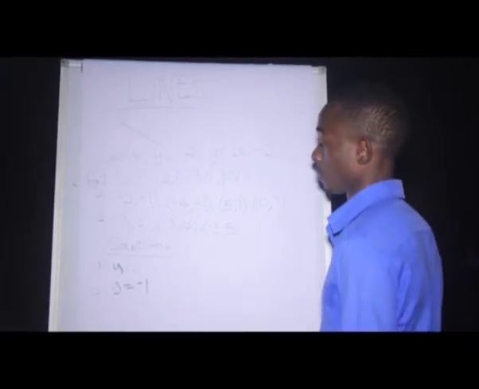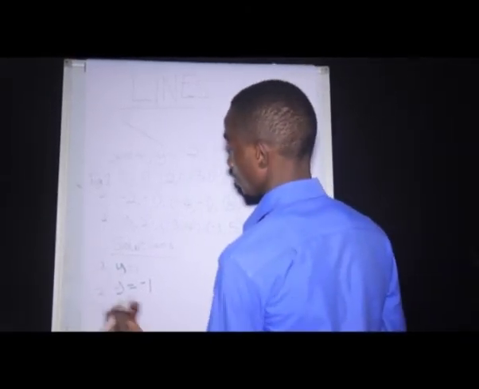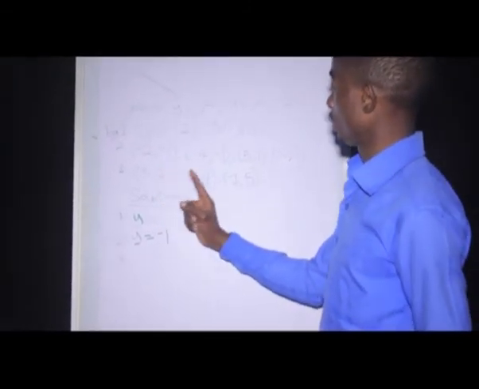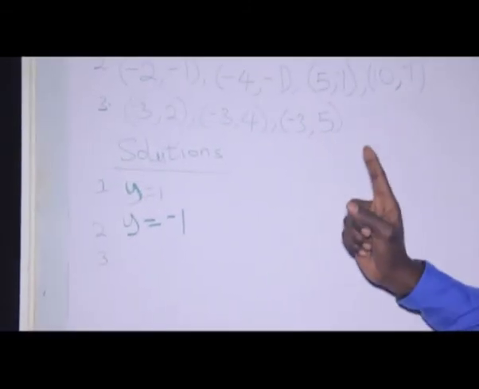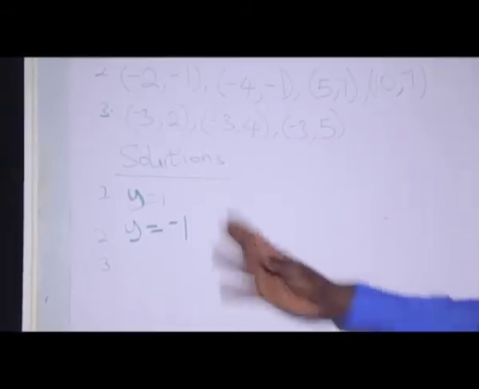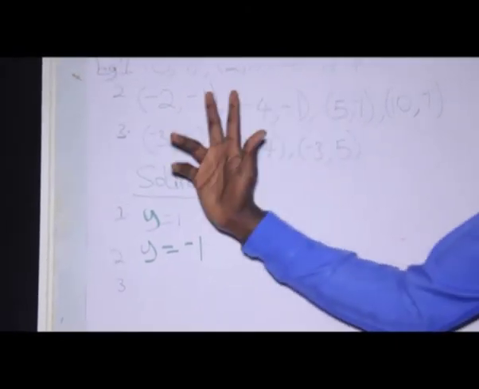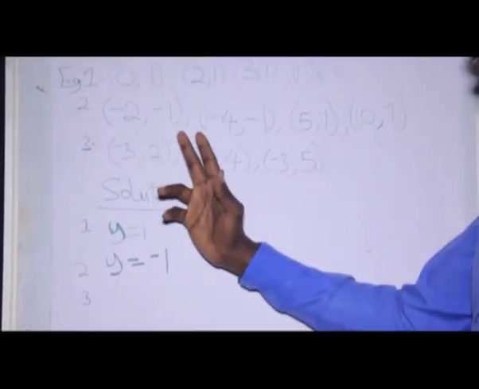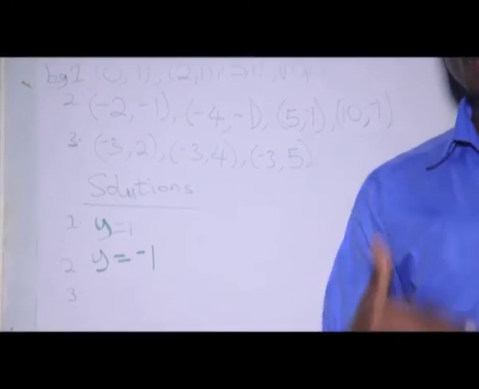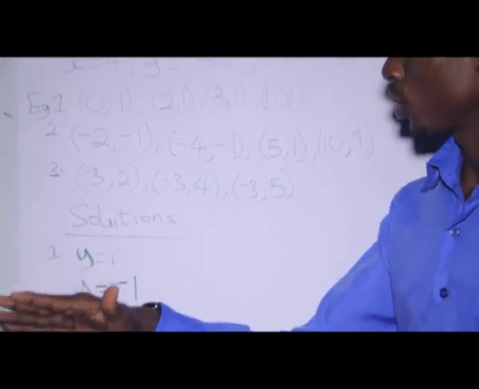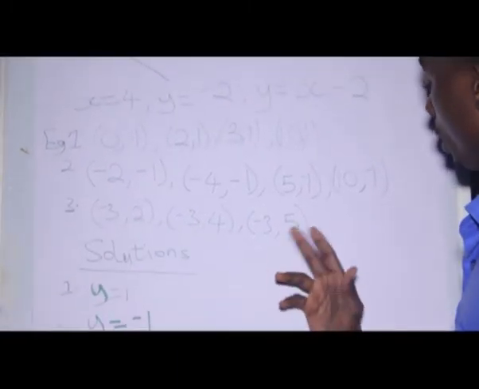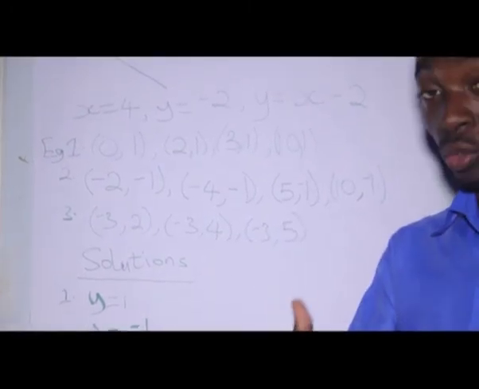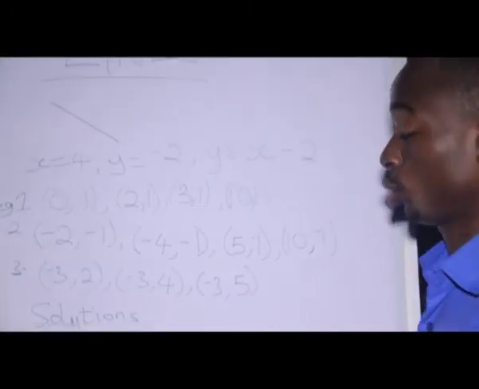I can proceed to example 3. I have -3, 2; -3, 4; -3, 5. Now, you realize that there is a slight difference from what we had before. In the first 2 examples, the y coordinate was the same throughout. When you come to example 3, it is the x coordinate which is common all through.